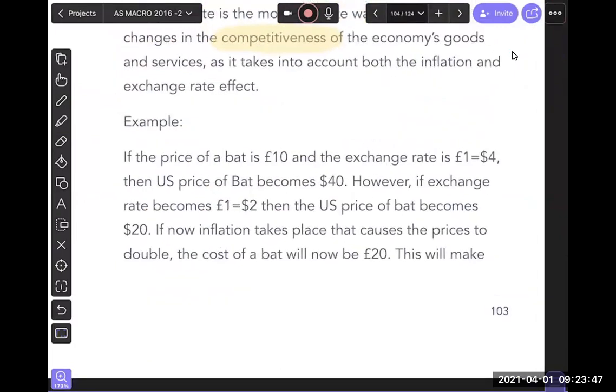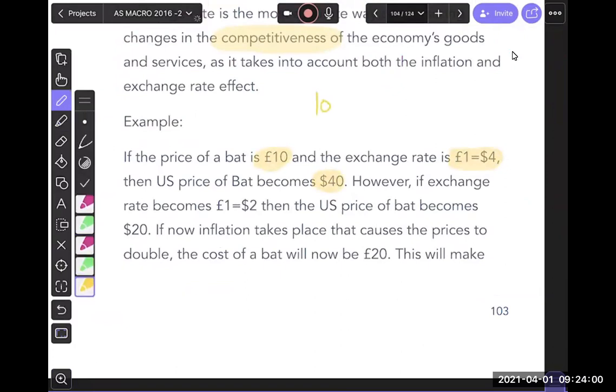Now, look at this. If the price of a bed is £10 and the exchange rate is 1:4, then the US price of the bed becomes $40, because £10 times $4.